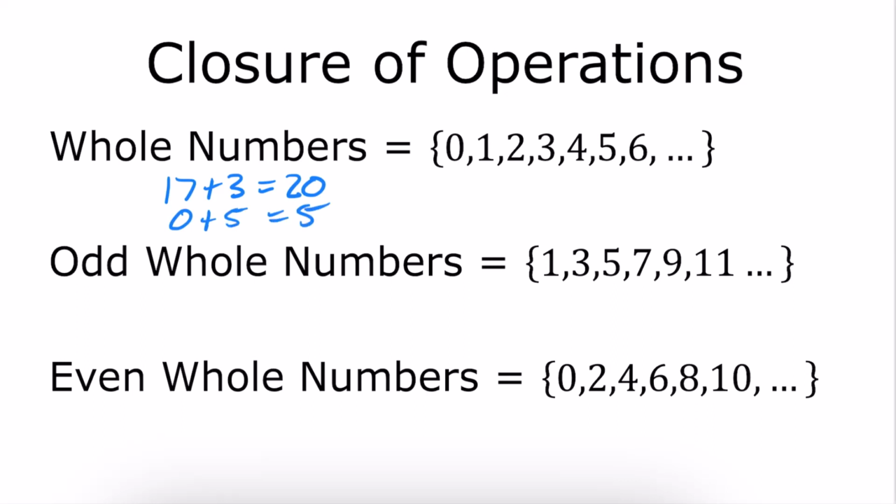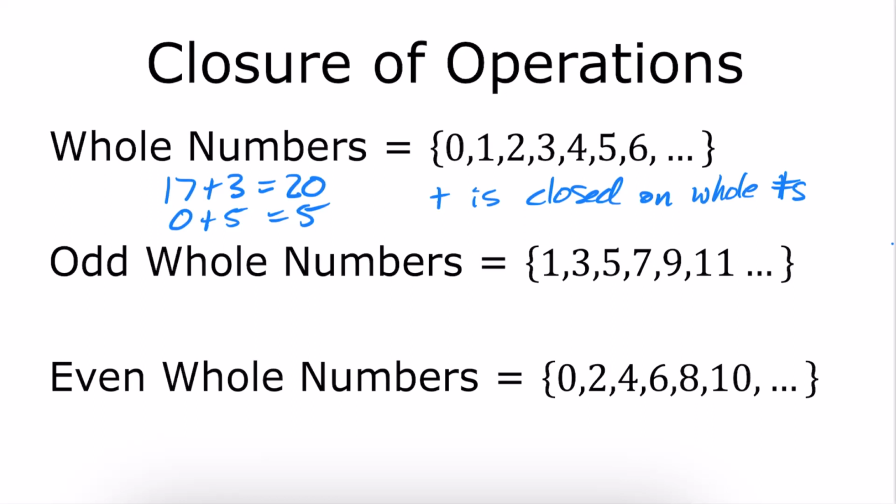If I choose any pair of whole numbers and add them together, they will equal another whole number. And so what that means is that addition is closed on the set of whole numbers.